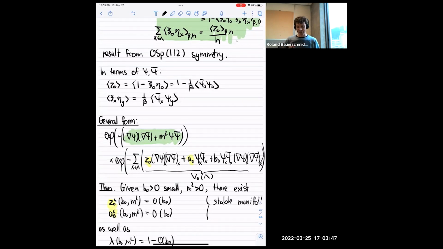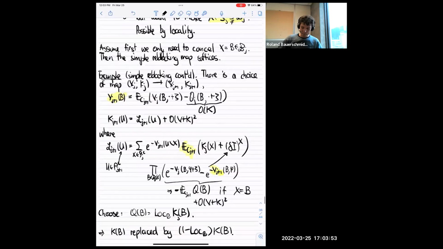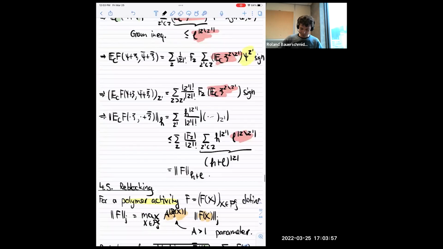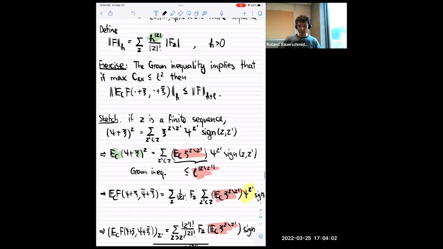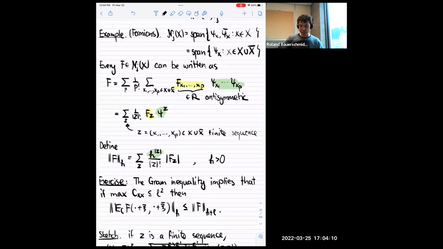Okay, and in which functional space will you estimate? So they are in a functional space that's not too far from the norm I wrote, this one. Every function of these fermions can be represented in this way.